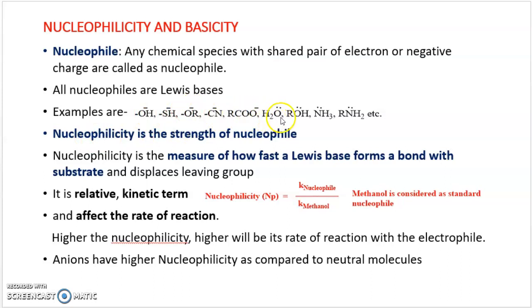And water H2O, alcohol ROH, ammonia NH3, amine RNH2 are neutral nucleophiles having a lone pair of electrons to donate.